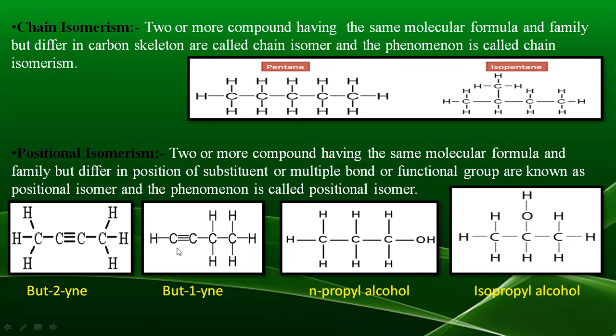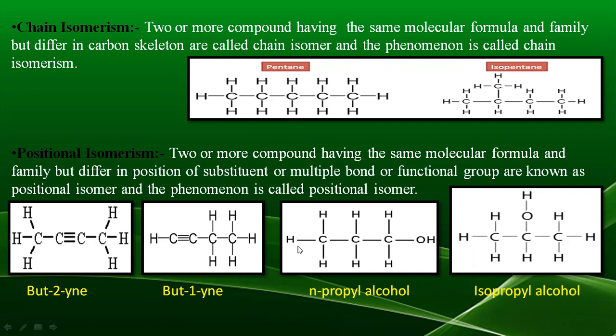So in but-1-yne, the triple bond is attached to the first carbon atom from the left side, but in but-2-yne, the triple bond is present in the middle of the compound. If I number this compound, I can put the number from the left side as well as from the right side, whatever may be, it is but-2-yne.